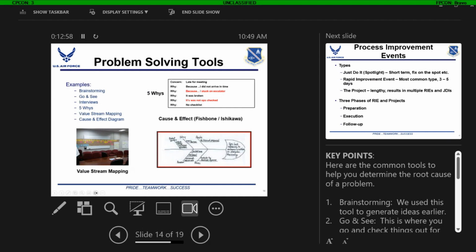You'll see here images of examples for a process map, a 5 why concern, and an Ishikawa or fishbone diagram, which helps to identify and organize the cause and effect.